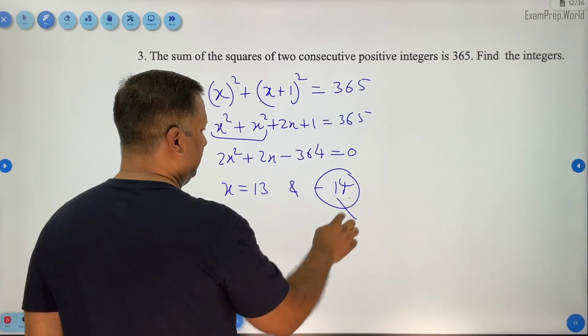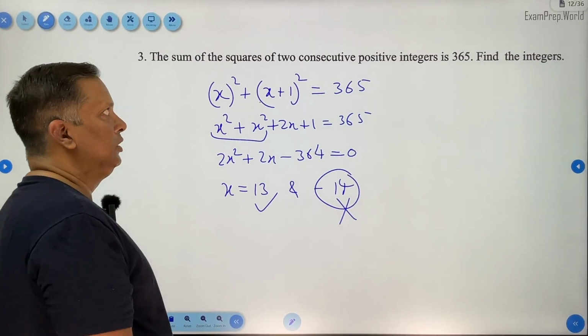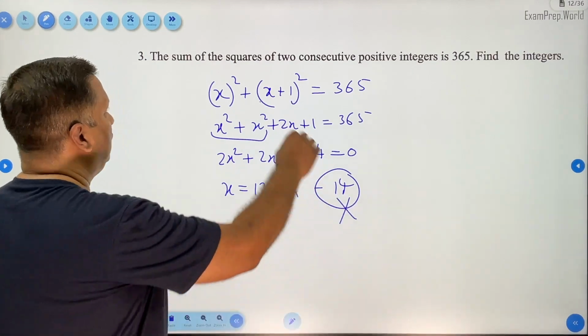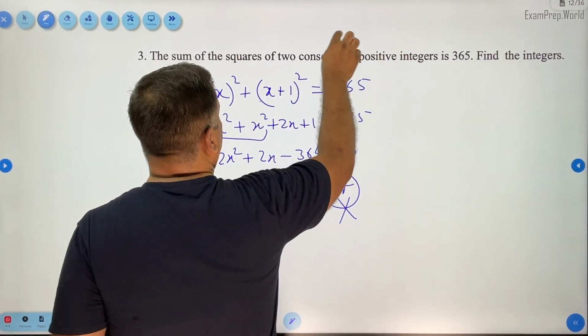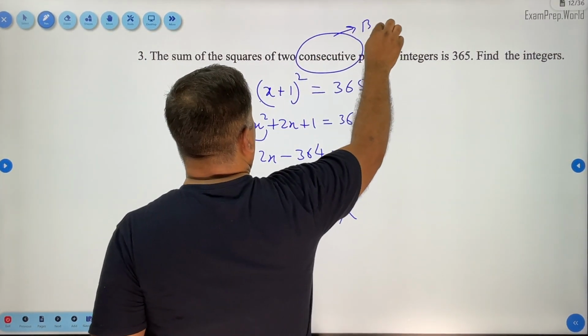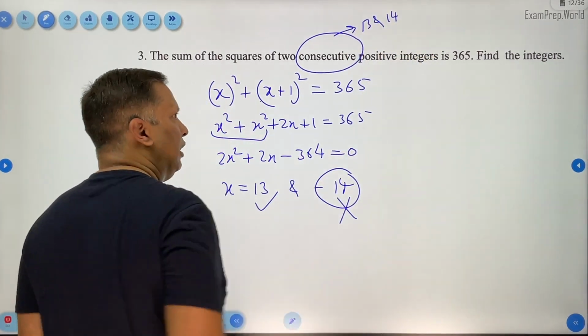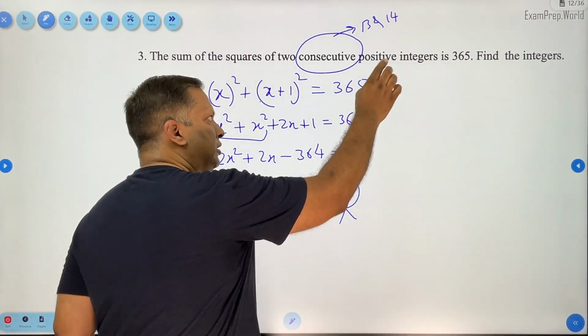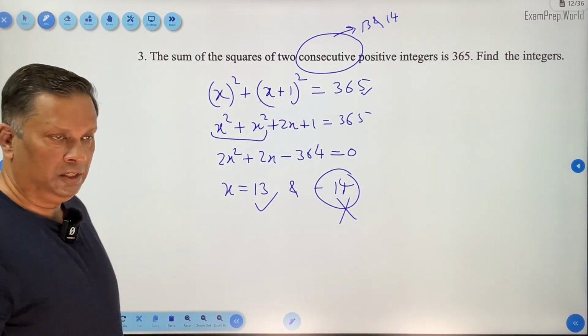Because he said positive integer, omit this, accept this. So one of the numbers is 13 and the next number is 14. So what are our two consecutive integers? We have 13 and 14, because after 13 comes 14. Okay, 13 square plus 14 square is 365. Okay, so let's move to the next one.